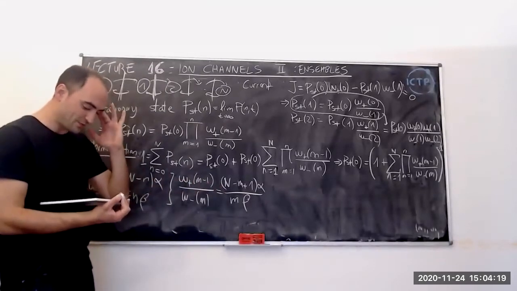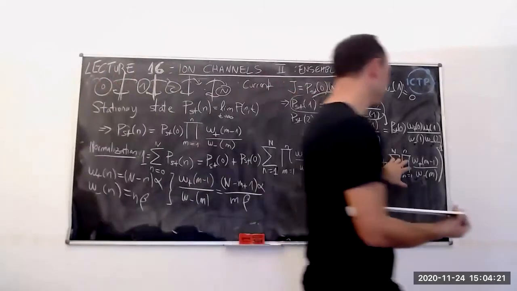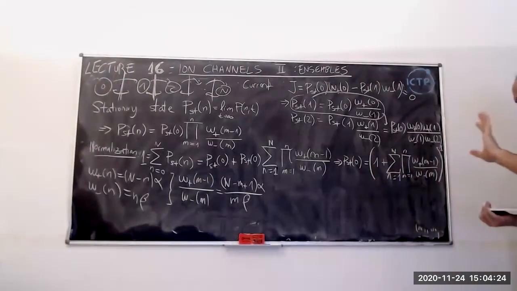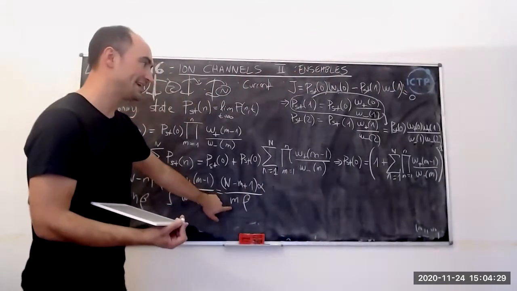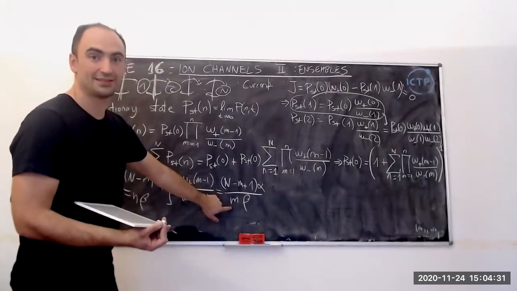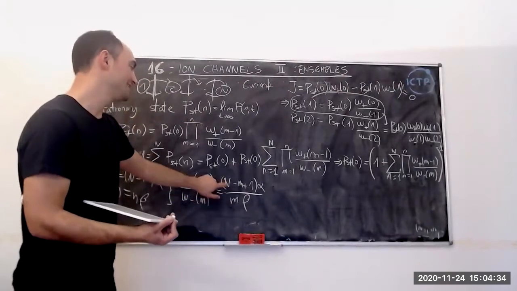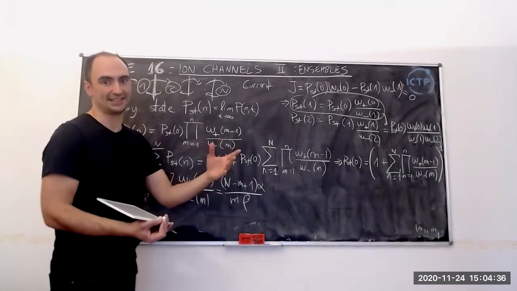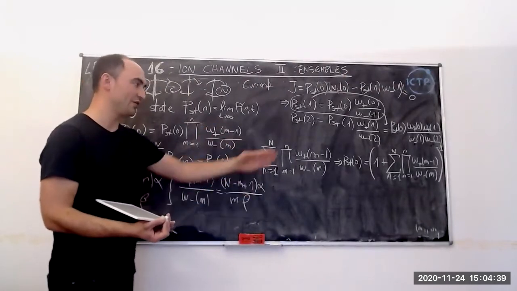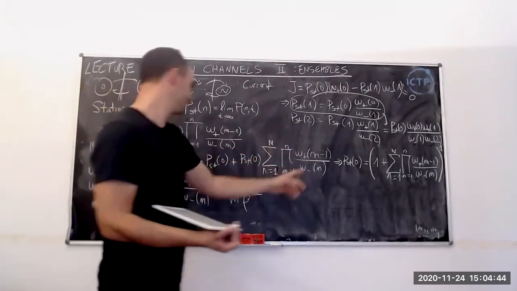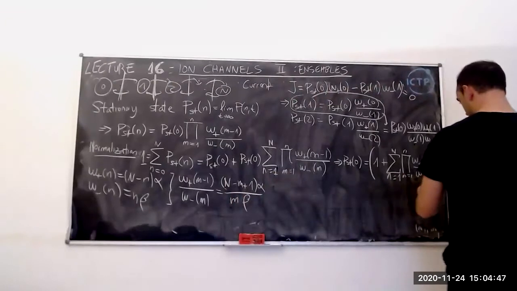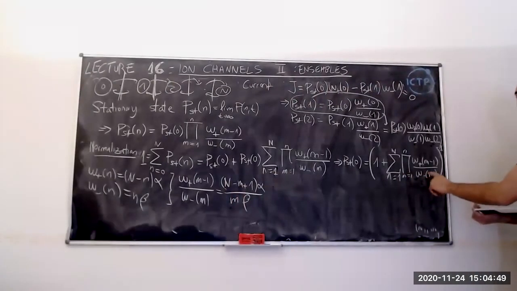But now, when you have this type of product, you will see that you will have m, then m plus 1, then m plus 2, m plus 3, m plus 4. This will be this, and the next, and the next. The structure of this product will be like factorials. Because I'm multiplying, for example, in the denominator, m, then m plus 1, then m plus 2, m plus 3, m plus 4, and here the same. So this is the structure of a factorial.